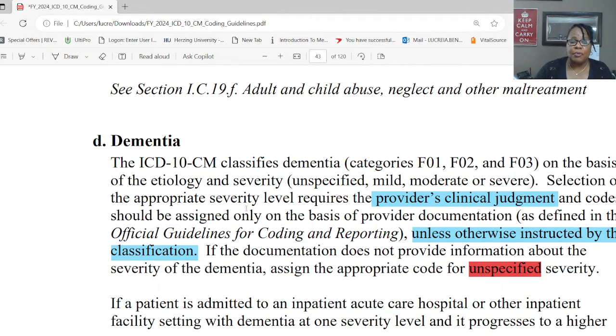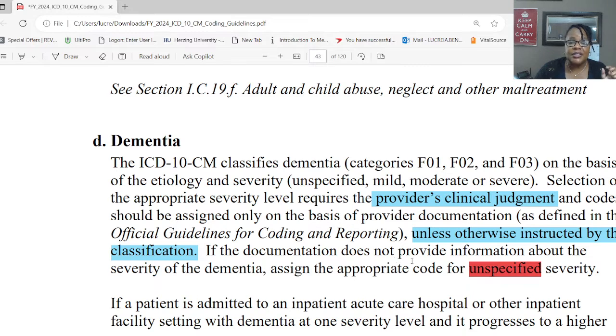And selection of the appropriate severity level requires the provider's clinical judgment, and codes should be assigned only on the basis of provider documentation, unless otherwise instructed by the classification, unless your code book with your trained eye tells you differently.